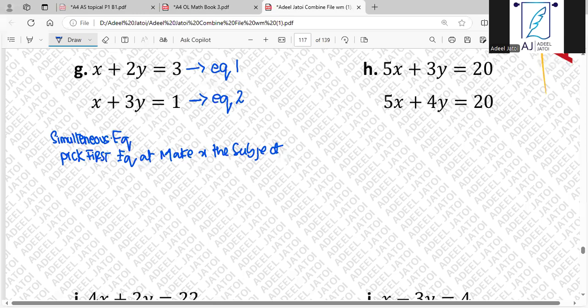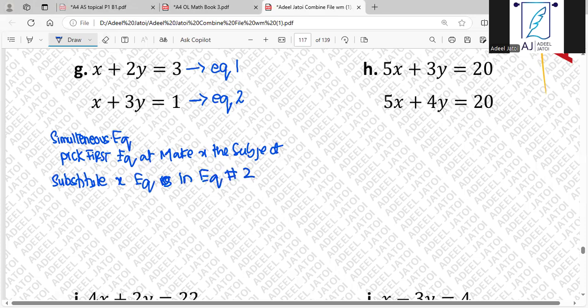Once x is the subject, substitute x in equation number two.